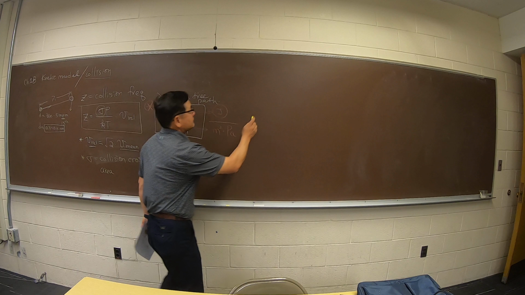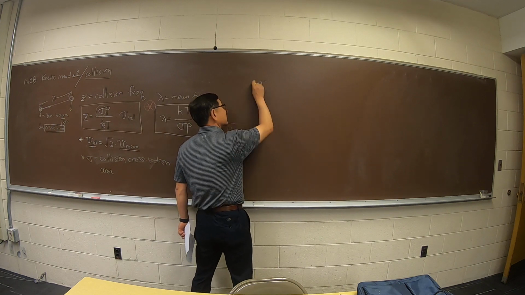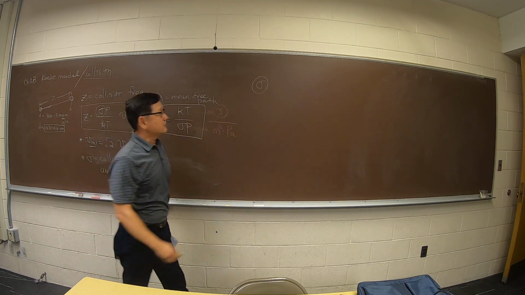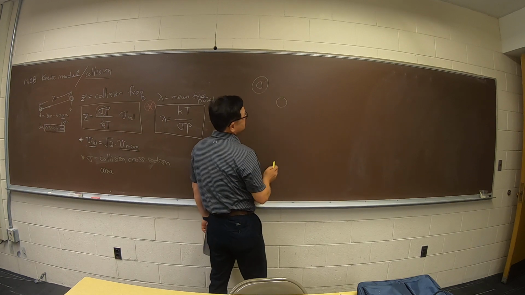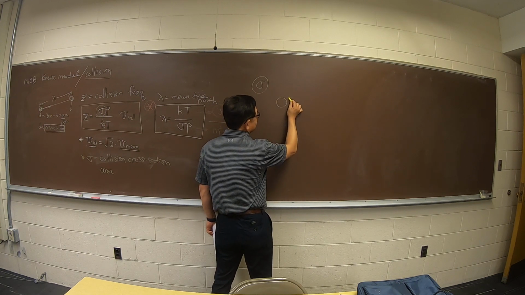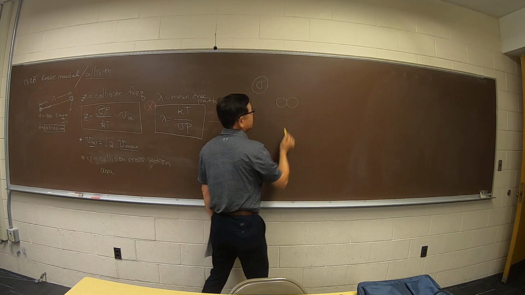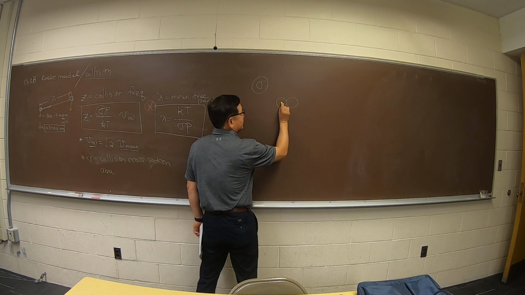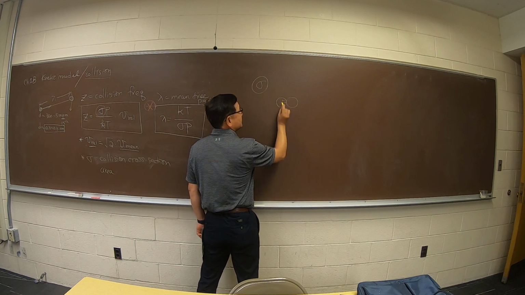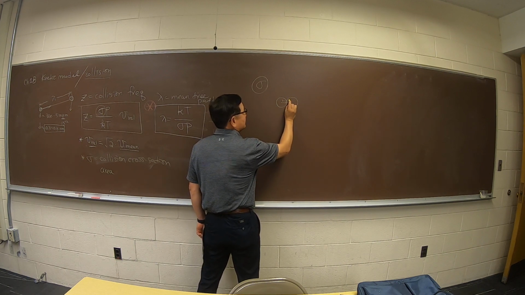These two equations are bound by the collision cross-sectional area. Okay, let me draw this one now. This is one molecule shaped as a sphere, and that's another molecule when they collide with each other. It naturally has its own radius, and that's your radius.